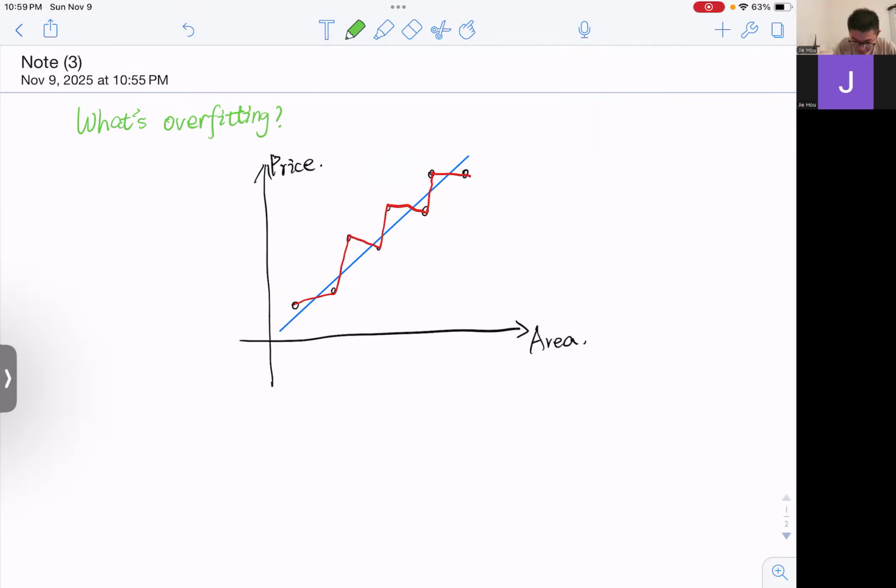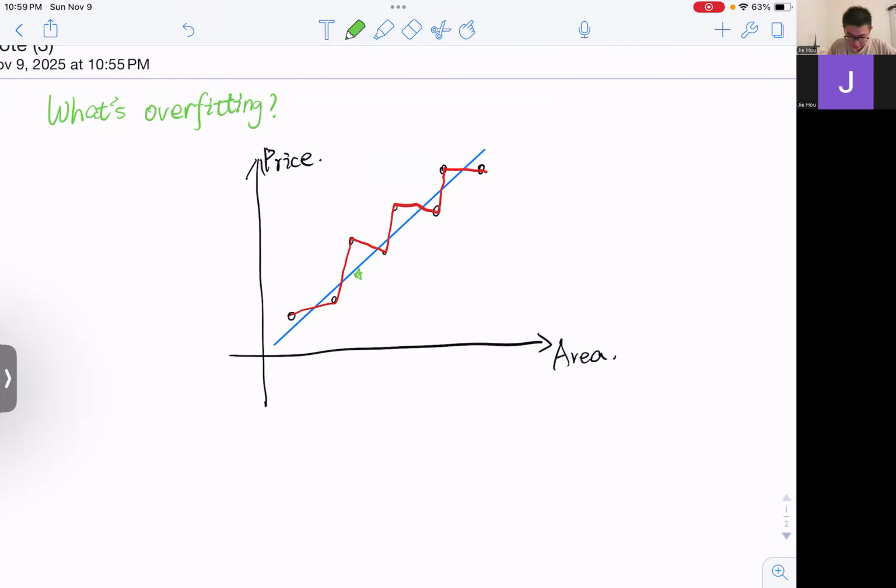It's the green star. We can see the price. Model A predicts the price of the green house very well. It's very close, right?